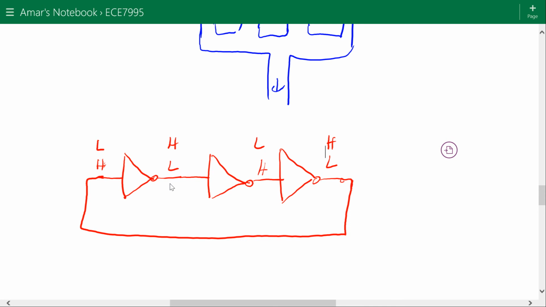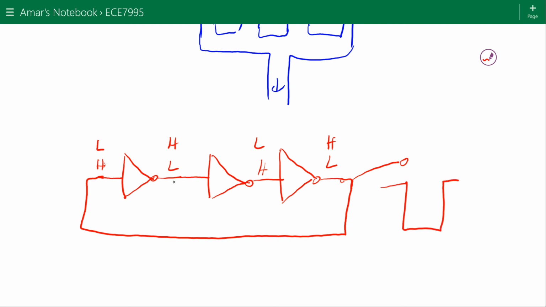So a ring oscillator is nothing more than a bunch of inverters, an odd number of inverters, connected in series, cascaded with one another. And basically what will happen is that if you choose any one of these things, over time it'll go from high to low. It'll give a voltage pattern that just goes high to low.